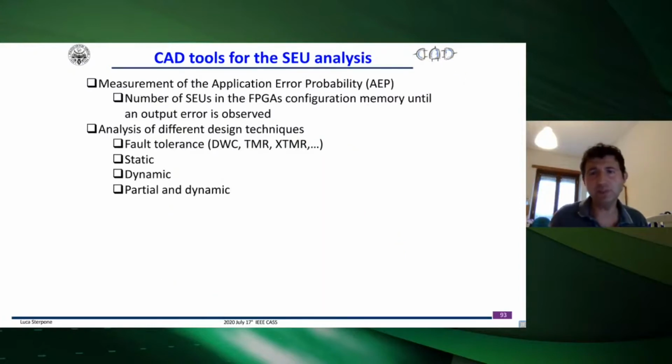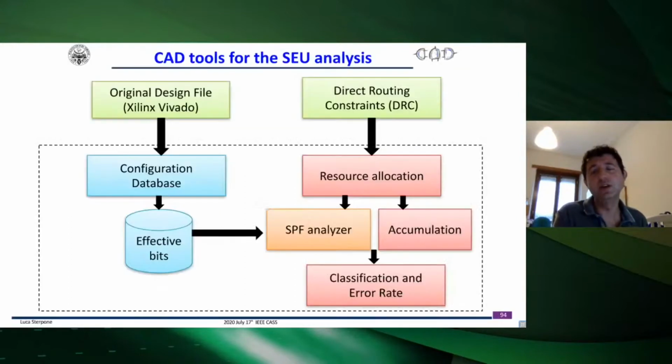In this case, we have both conditions. We have the possibility to identify the transient. We have the possibility to know where the SEUs are affecting the configuration memory. What we need to add in order to make everything work is also to understand the impact on the architecture. Well, the impact on the architecture is another very big story, because first of all, FPGA designers know that we have a lot of tools to implement our design on the FPGA.